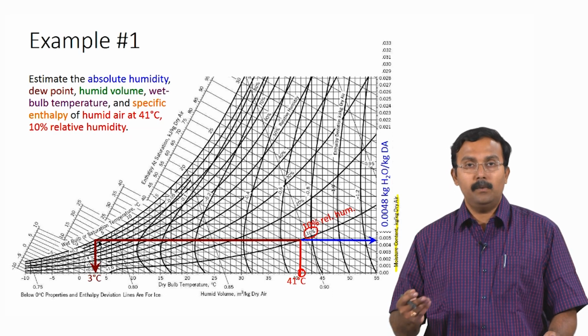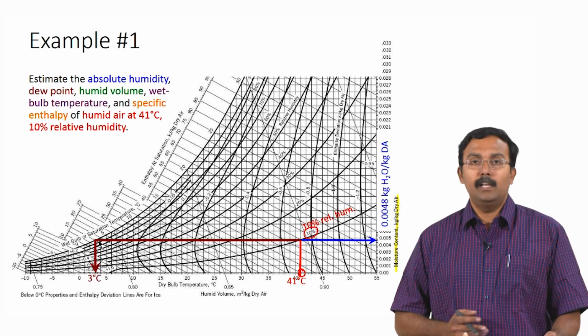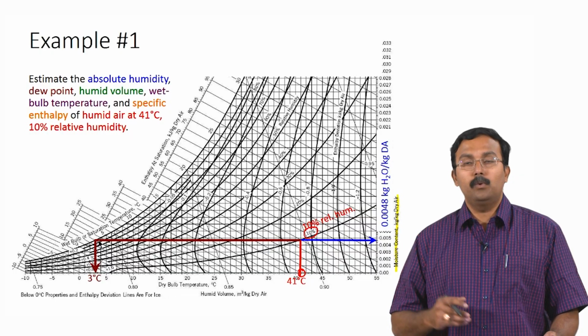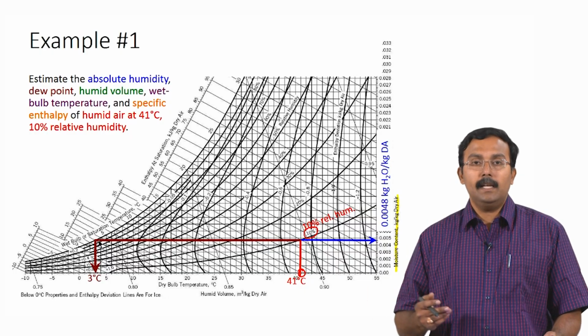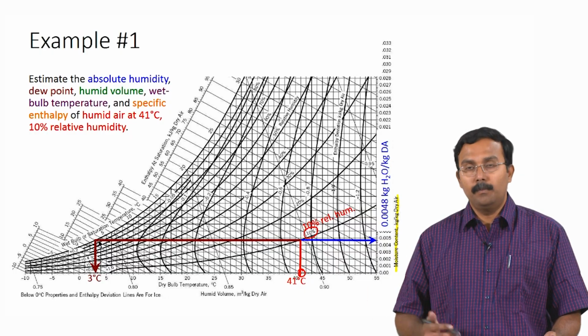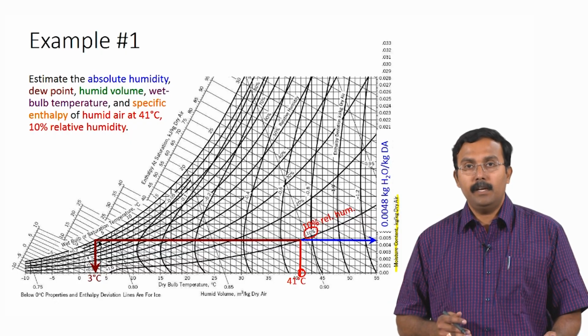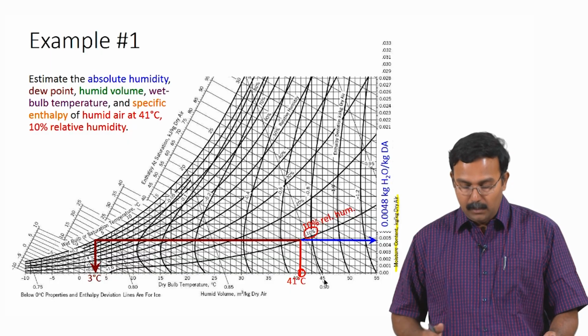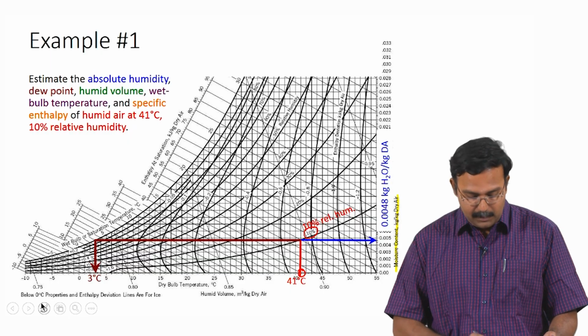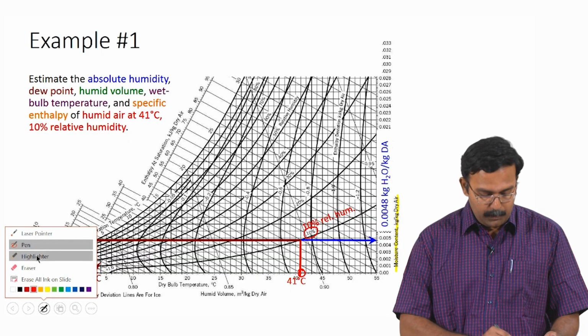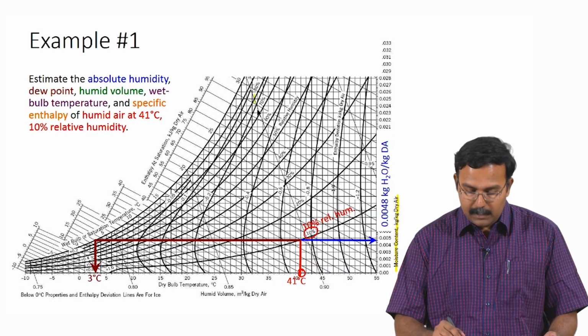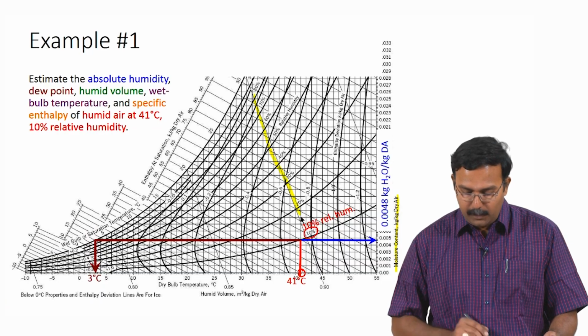If the relative humidity were higher, the dew point would also be higher. Now, the next aspect which we need to identify is the humid volume. If you remember, humid volume can be identified using one of the slanting axes. These slanting axes can be used to identify the humid volume.